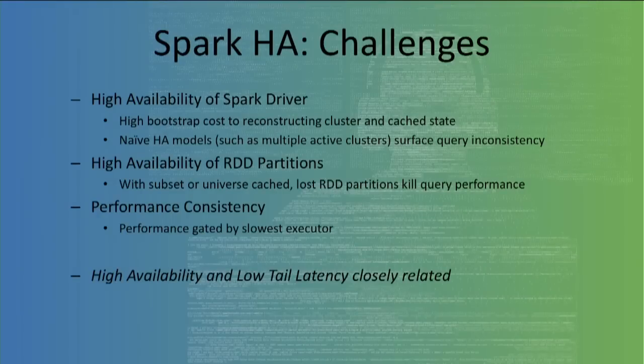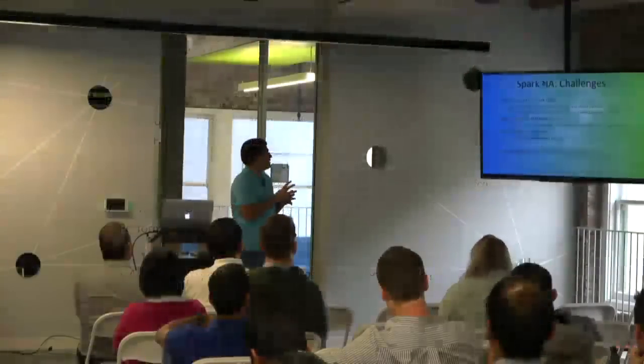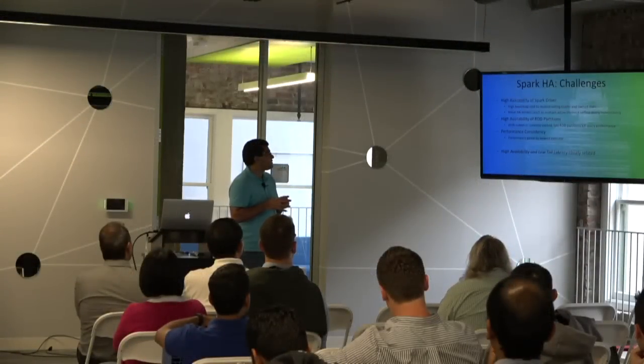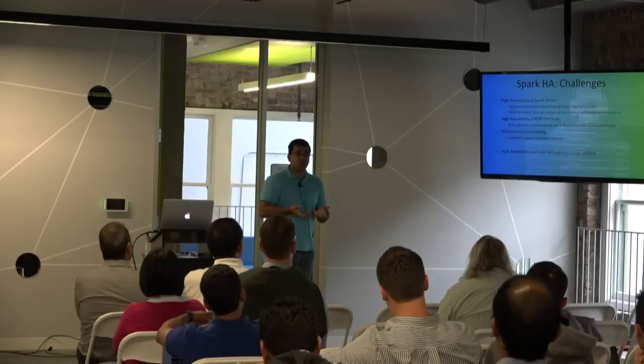Even with high availability of RDD partitions, especially when you, let's say, have your entire data set cached in RAM, lost RDD partitions can still kill your performance because these partitions tend to get recomputed at query time. All in all, there would be some performance consistency issues, and your performance is very often gated by the slowest executor.